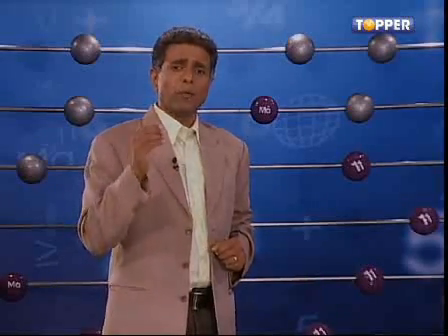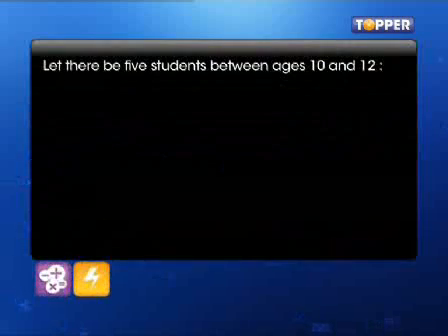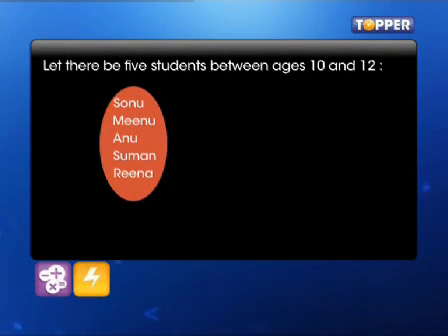In all of these cases, relations deal with the existence of certain connections between pairs of objects in a definite order. Now we will mathematically define a relation from one non-empty set to another non-empty set. Let's take an example. Consider a group of 5 students between the ages of 10 and 12.